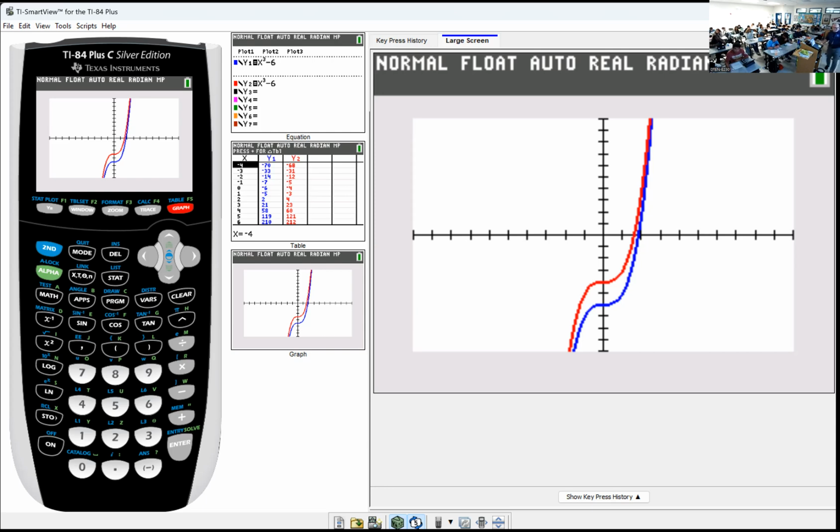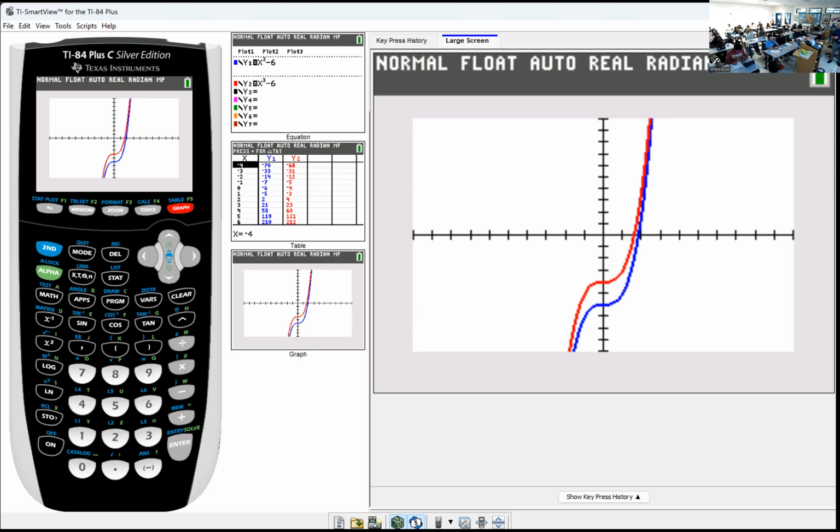Let's try another example here where I've got the same f of x, but now I want to shift it horizontally to the left 3 units. This gets to be a little tricky because what's happening here, I'm going to replace x plus 3 for the x in f of x.